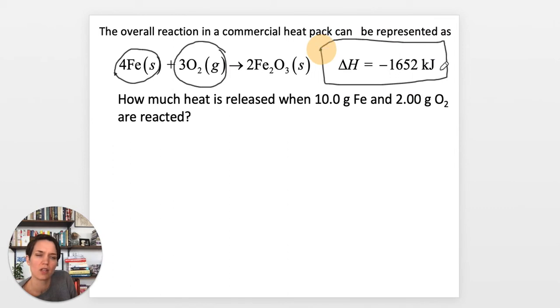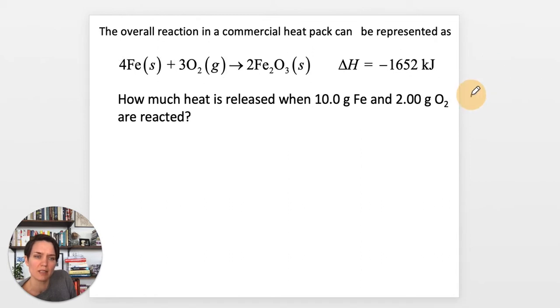So you should be thinking, okay, I'm given information about 2 reactants. I'm asked a question about the amount of product. So you should immediately be thinking about your limiting reagent. All right, so let's do it.